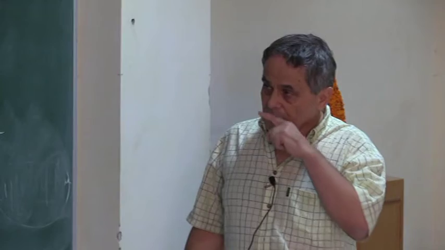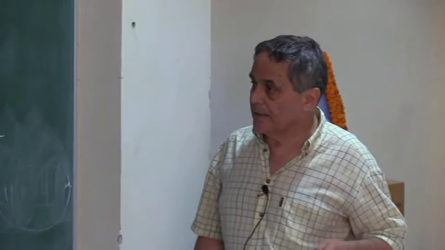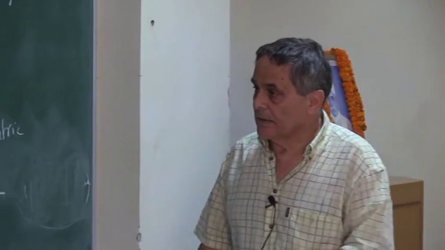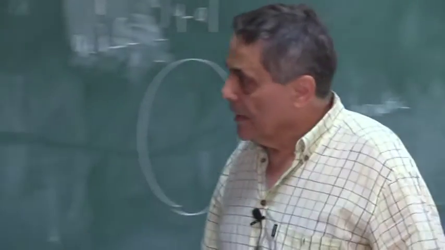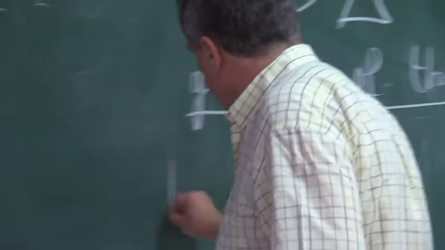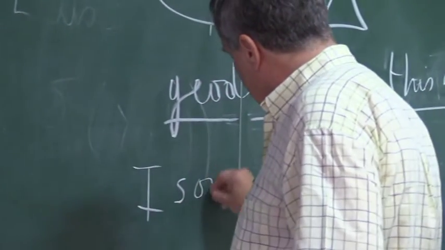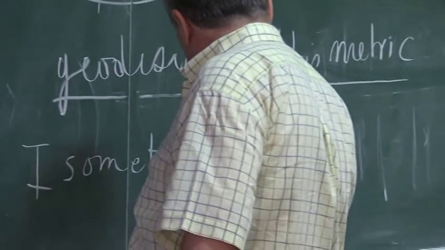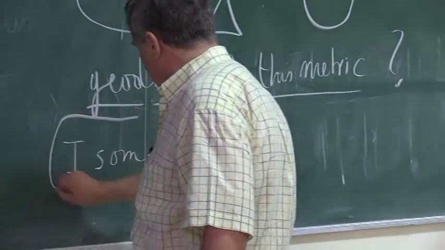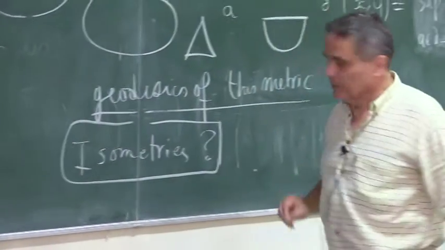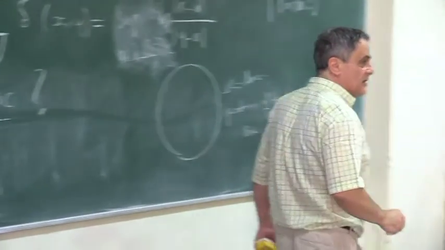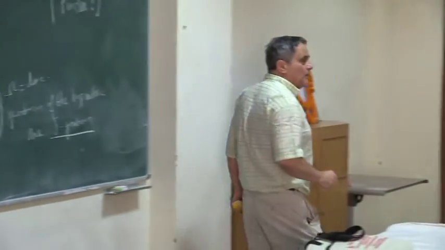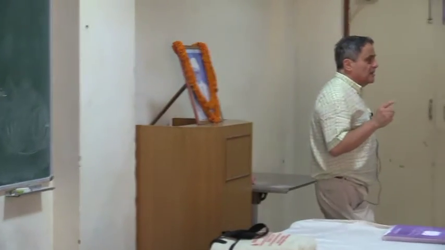The next thing I could say about the previous examples is to study the isometries of this metric. And I don't know anything about the isometries of this one. I don't know anything, in fact, about the isometries of the Funk metric, which I gave you.